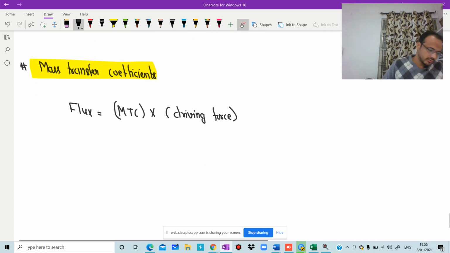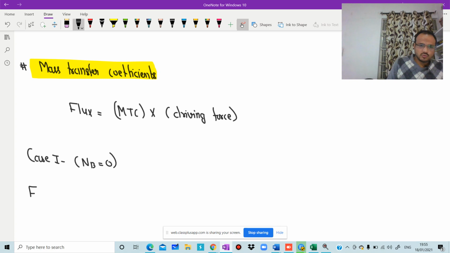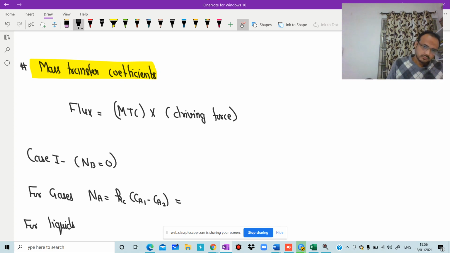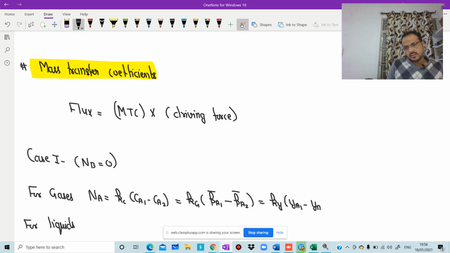Case first: NB is equal to 0. For gases and for liquids, we have NA is equal to Kc (CA1 minus CA2) is equal to Kg (PA1 minus PA2) is equal to Ky (YA1 minus YA2).